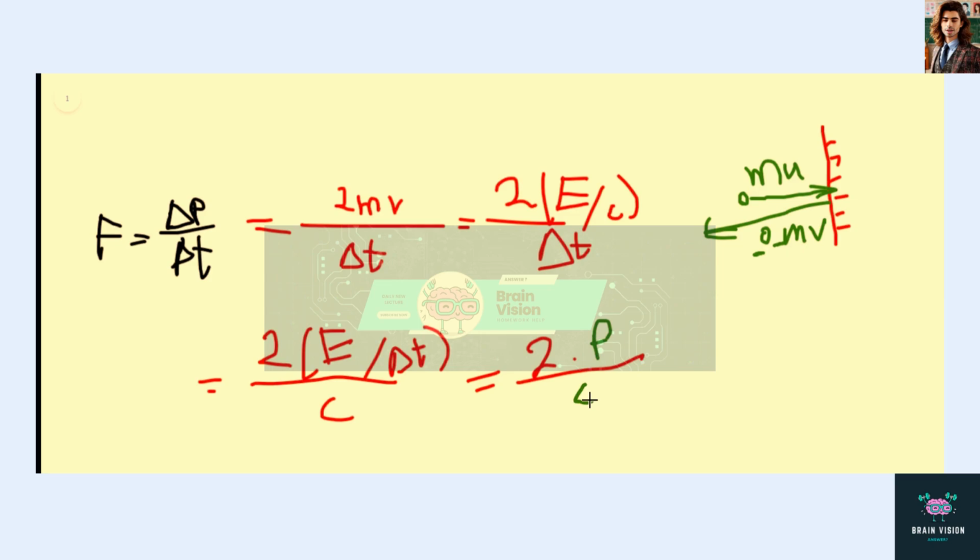And since we have been given the intensity and the area of the surface, we can use the formula for intensity, which relates power. So the formula for intensity is I equals power by area.